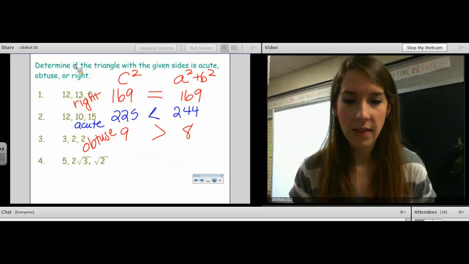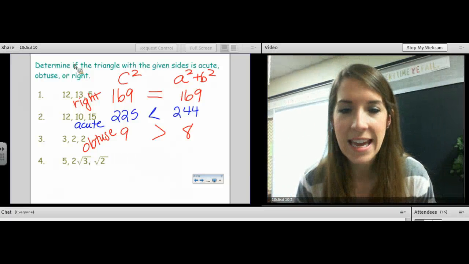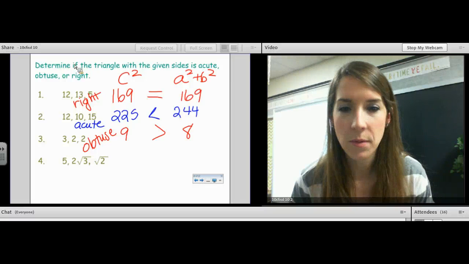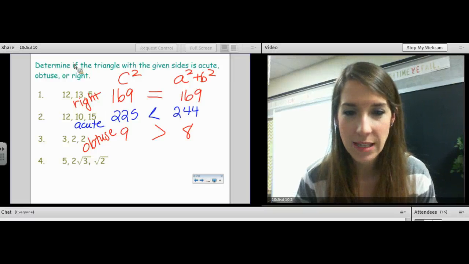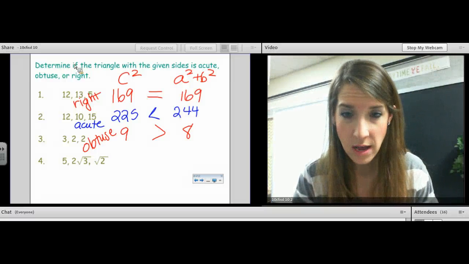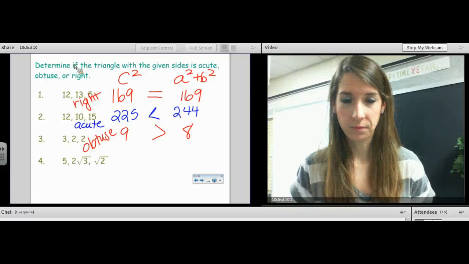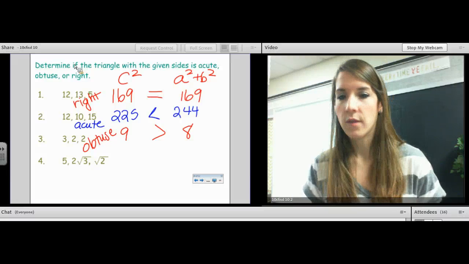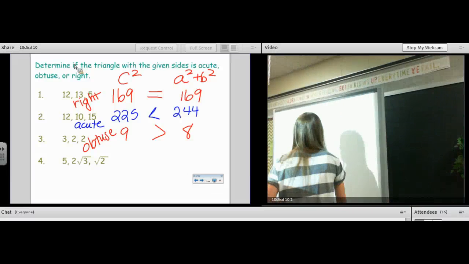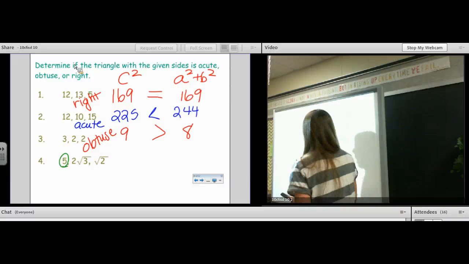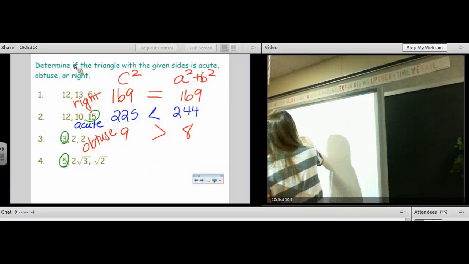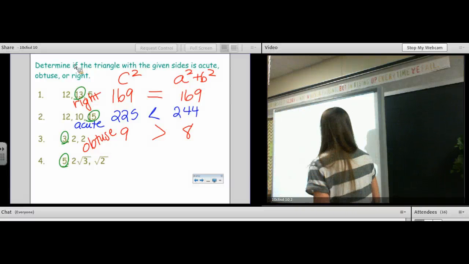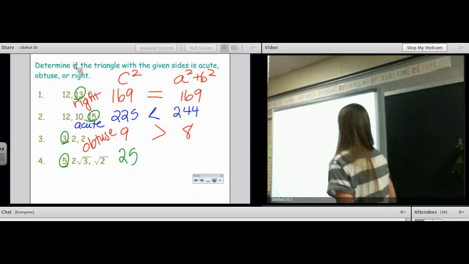Okay, Helaman, on that last one, which one is C? Is it 5? Is it 2 root 3? Or is it square root 2? Good. 5 is C. So C squared, this is the biggest number. I always circle the biggest number. It kind of helps. So C squared is 25.